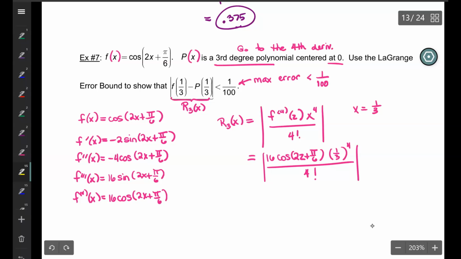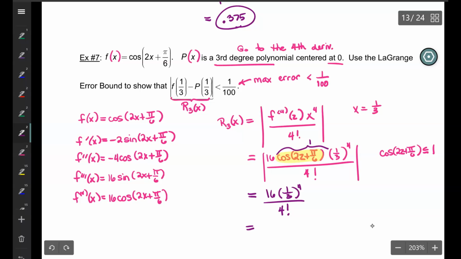When we work with sine and cosine, we always just consider what's the largest, so don't worry about figuring out z, just look at the sine and cosine. What is the maximum that cosine could be? It's 1. So we make that whole part that I highlighted equal to 1. The largest this could possibly be is 1. So I have 16 times 1/3 to the fourth over 4 factorial.